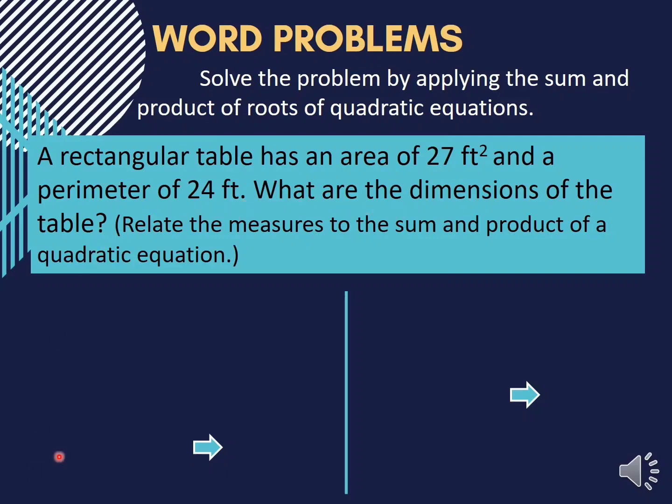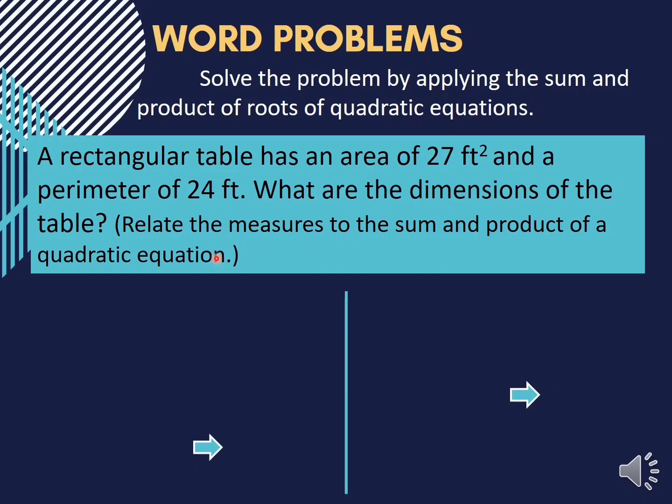When we say dimensions, we are looking for the measures of the length and the width. The given are only the area, which is 27 square feet, and the perimeter. And the question is, how are we going to relate the measures to the sum and product of the quadratic equation we studied?